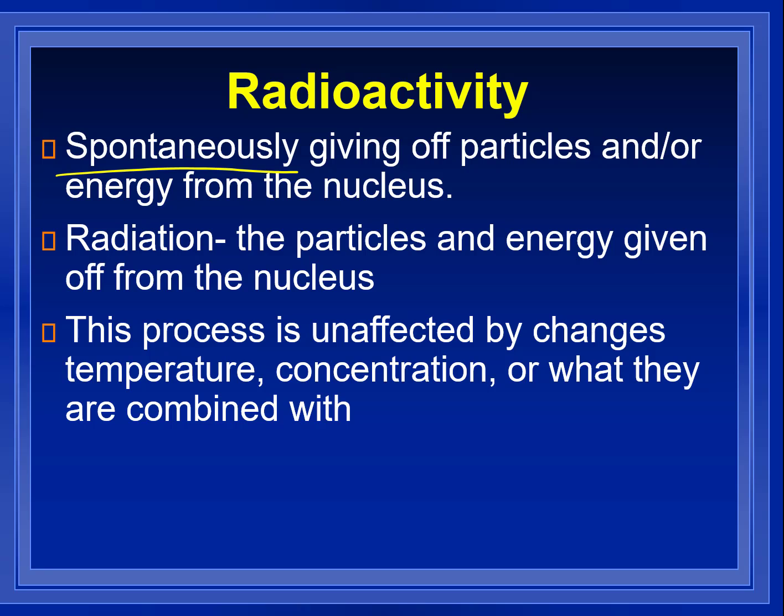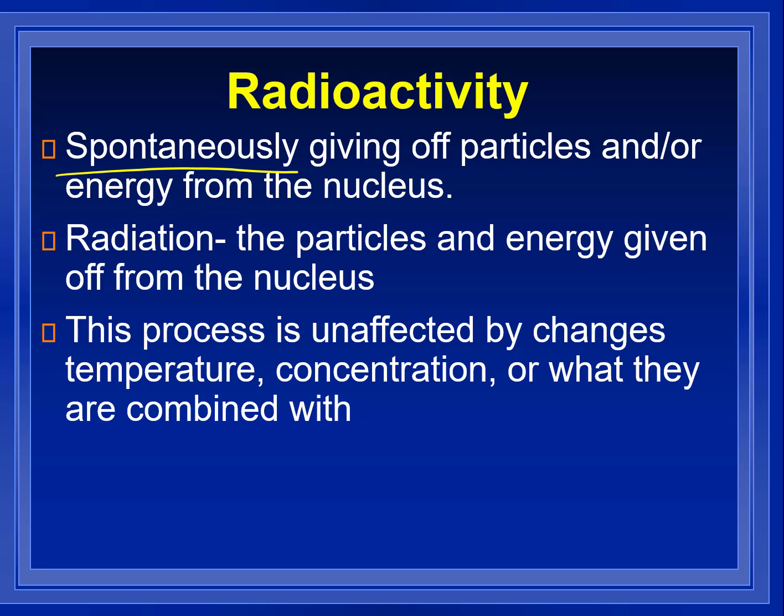So if they want to separate the radioactive uranium from the non-radioactive uranium, they can't use chemistry. They can't use any chemicals to separate them, which was what Marie Curie had a problem with.